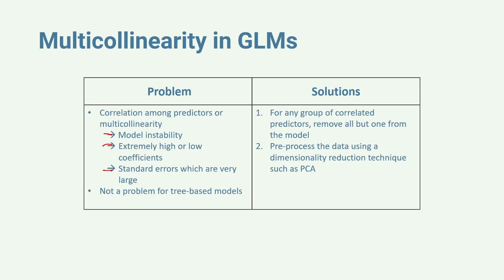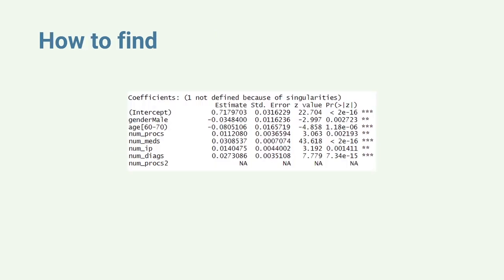There are at least two ways that you can deal with this. The first is that you can, for any group of predictors, just remove all but one from the model. And the second is to pre-process the data using a dimensionality reduction technique like PCA. So this is what you look out for. If you fit your GLM and you notice that there are some coefficients which are NA, that means that you have singularities in your model matrix.